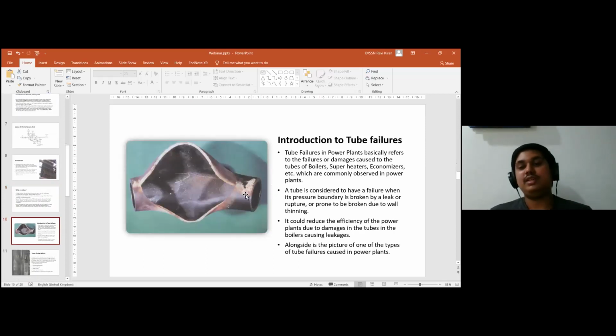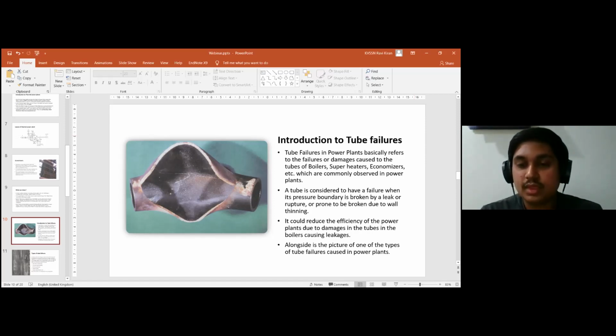So what are tube failures? Well, coming to power plant references, tube failures basically refer to damages that are caused to the tubes in the boilers, superheaters and economizers due to various causes, which could reduce the efficiency of the plant and sometimes lead to total shutdown of the power plant, which is not good for everyday life.